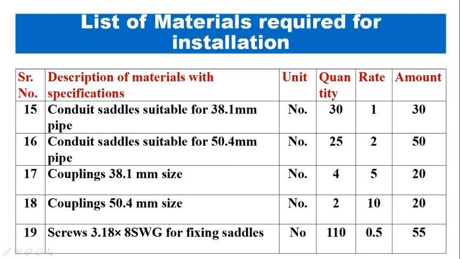Next one is couplings. To couple the conduits you will require couplings. Two types of couplings are required, 38.1 mm size coupling and 50.4 mm size coupling. Next one is another set of screws, which is required to fix these saddles.